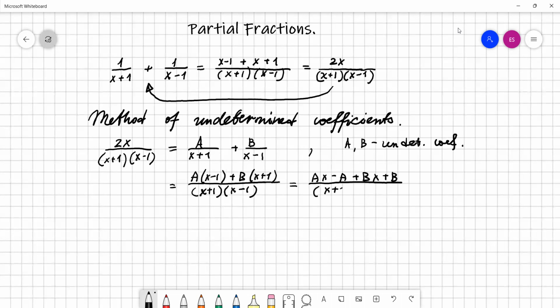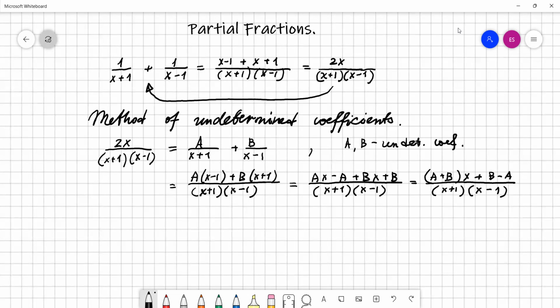And in the denominator, x plus 1, x minus 1. I'm actually going to combine terms with x: a plus b, times x, plus b minus a. Why am I doing this? I'm trying to bring my numerator to the shape of a polynomial arranged by powers of x.